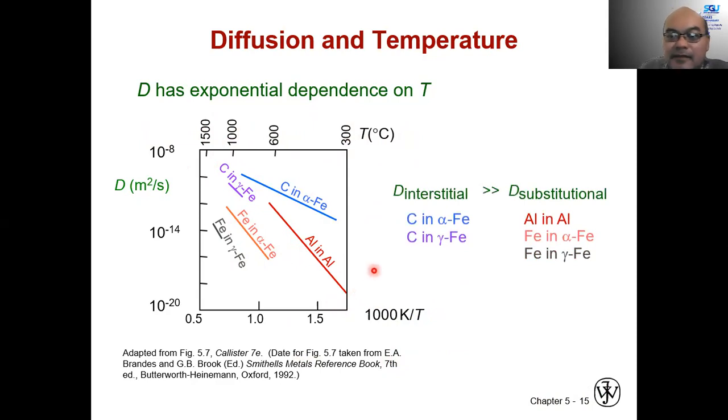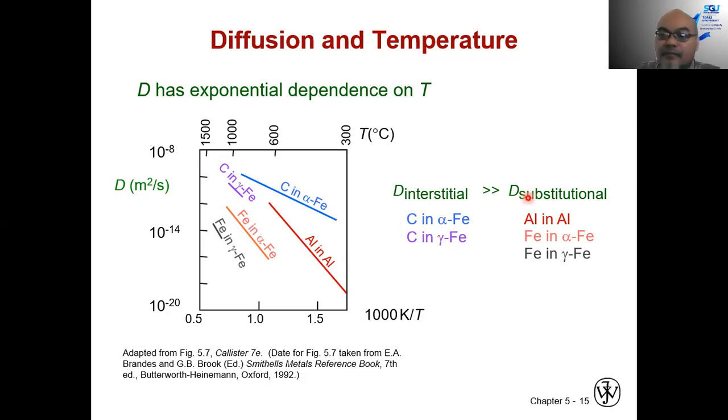Here we see that the value for interstitial diffusion is larger than substitutional diffusion, as we have learned in the previous slide, because the carbon in iron is much smaller than the iron atom. That's why it can seep through and move around in the space between the iron atoms. Aluminum, on the other hand, needs to substitute the vacancy in the crystalline lattice of the iron.